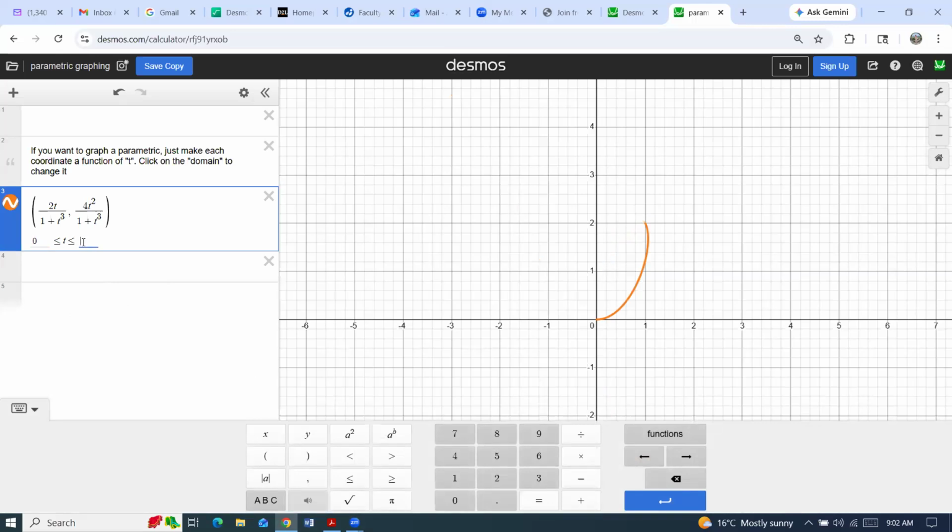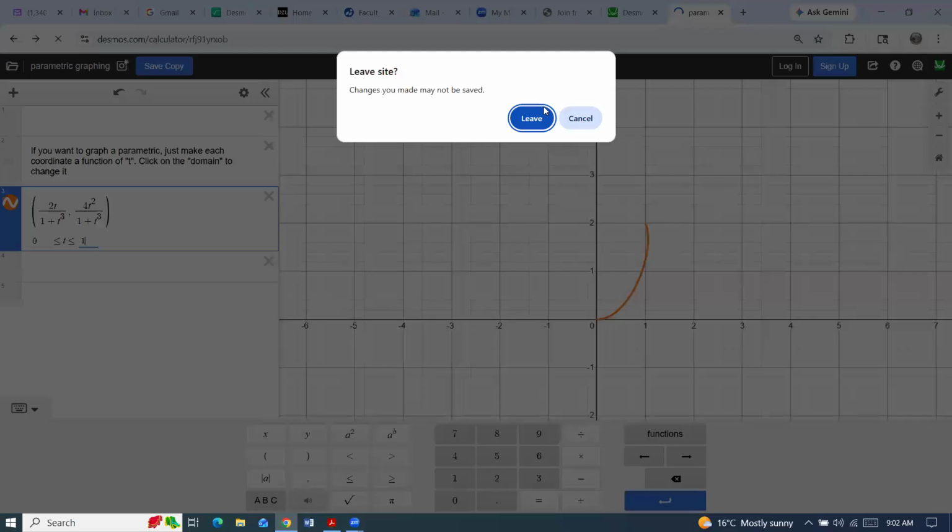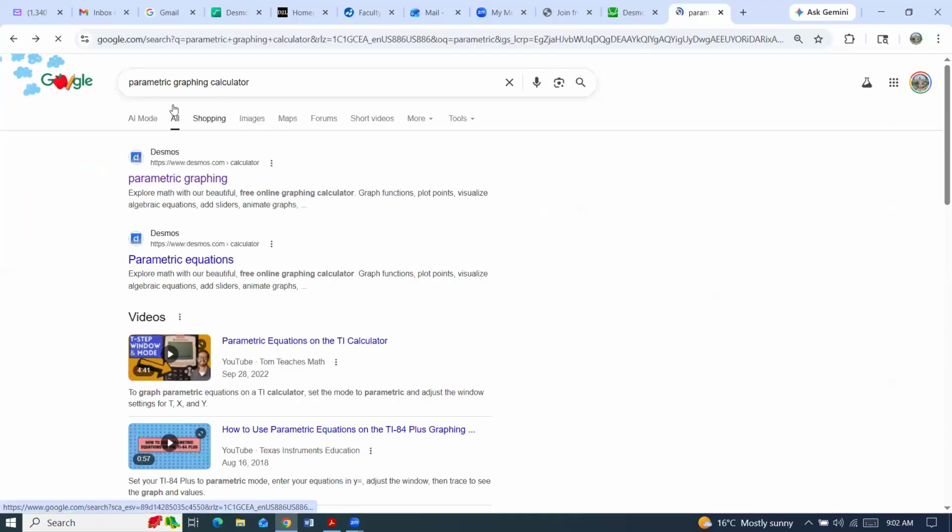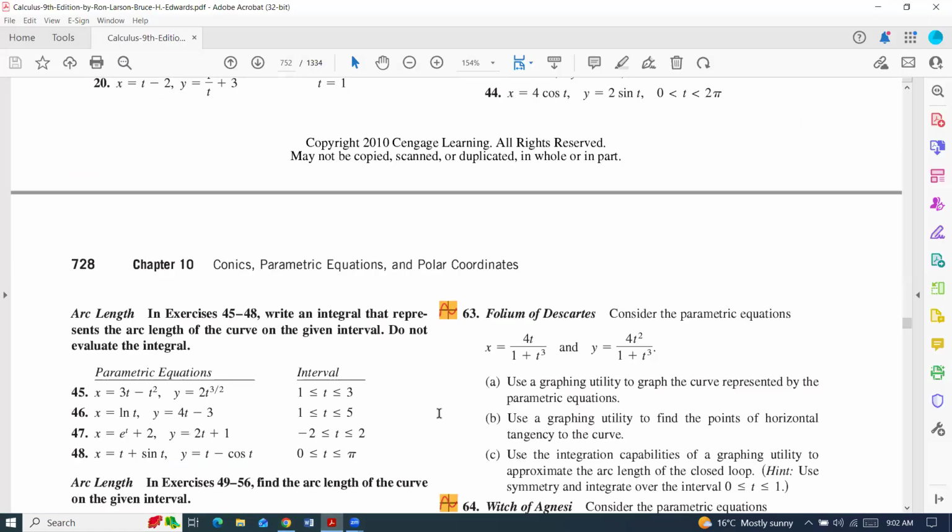So please notice that it's nice to have a free tool such as a graphing calculator available. And again, all you need is to go for the Google search, put parametric graphing calculator or something like that, and Desmos will do it for you. So the message is whenever they ask you to graph something, use a graphing calculator because otherwise it will take you forever.